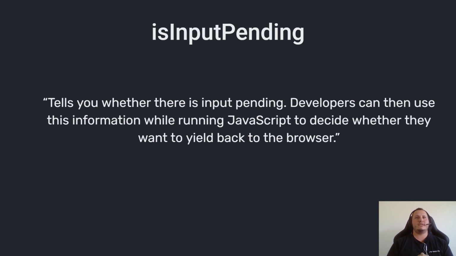Developers can use this information while running JavaScript to decide whether they want to yield back to the browser. It's just a function that will return true or false based on the status of the browser. If there's an input event in the browser that is pending to be handled, it will return true. For example, if the user makes a mouse click, it will return true. If the user doesn't do anything, it will return false.